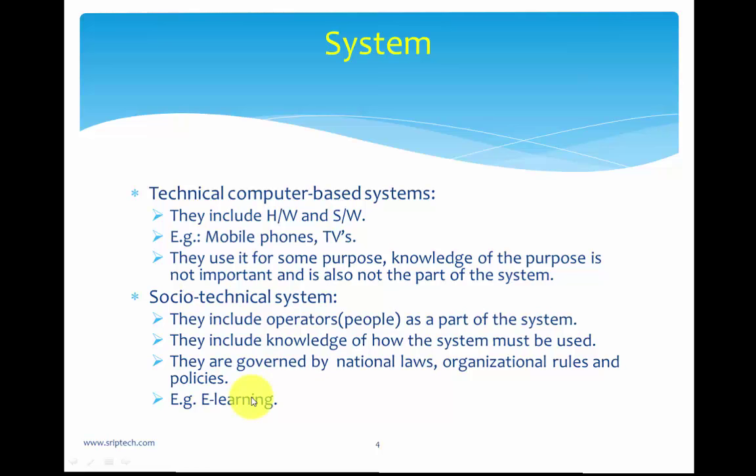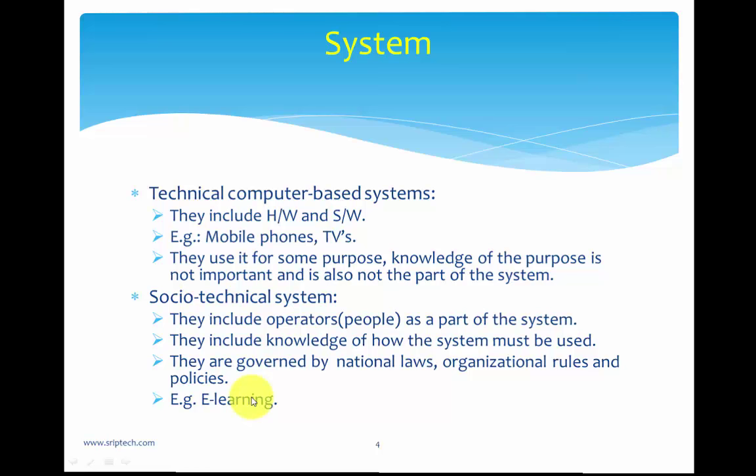Now one example of a socio-technical system would be your e-learning. What is e-learning? E-learning is learning where you can learn your subjects online. As a facilitator, the lecturer will start delivering lessons online and you're going to learn that. In that case, that particular system is used only for e-learning purposes.